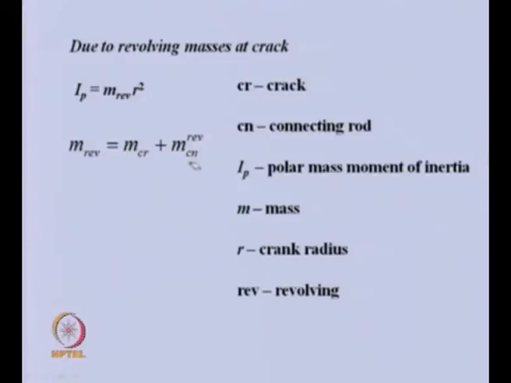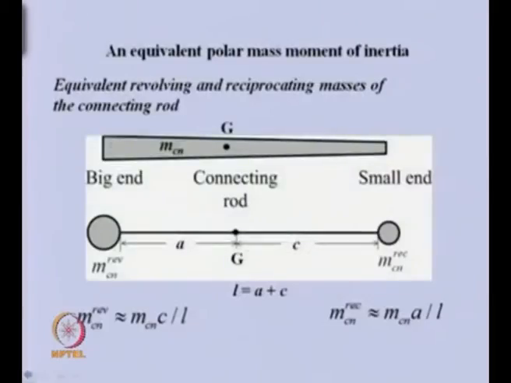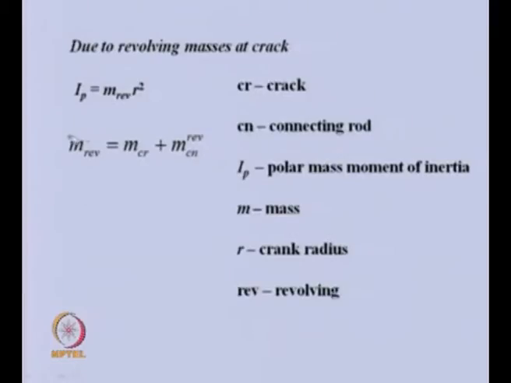So, in the previous slide we obtained the equivalent mass of the connecting rod which is revolving, that means the one connected with the crank, while the other is connected with the piston. So, this is the total revolving mass at the crank radius, coming from two parts: the crank itself and the connecting rod.